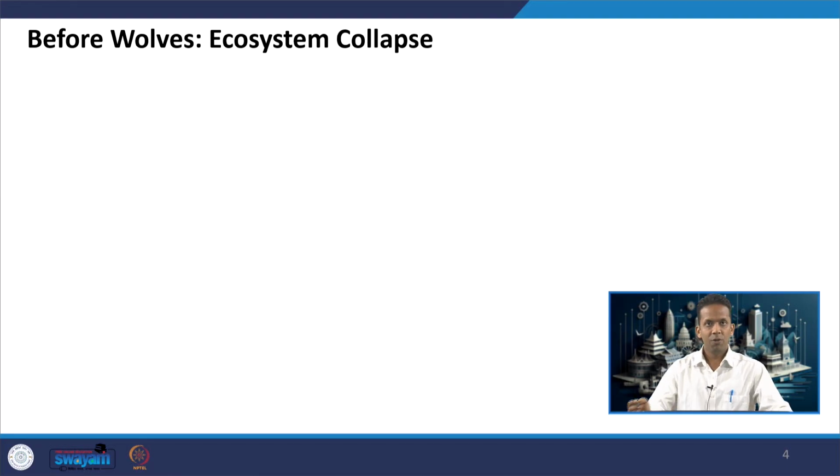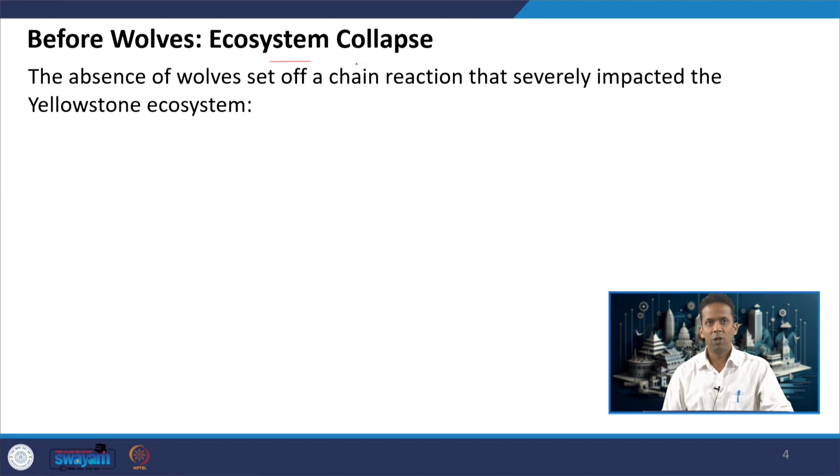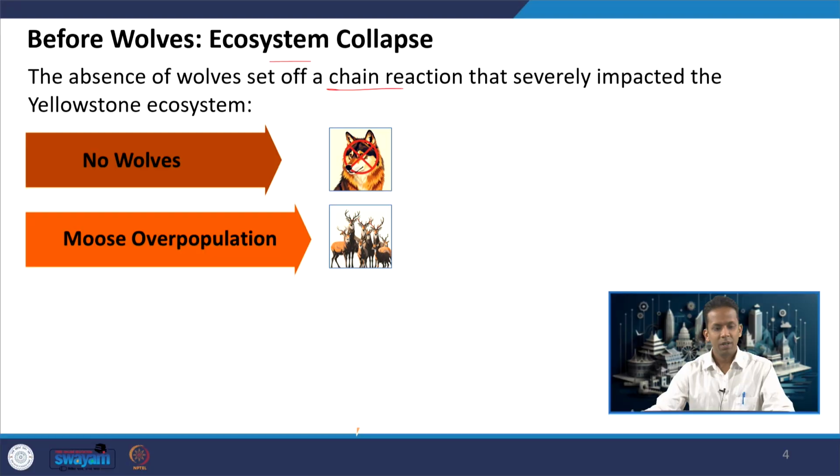So, before wolves, what happened? The ecosystem collapsed. Because of the absence of wolves, a chain reaction set in, which severely impacted the entire ecosystem of Yellowstone National Park. Since there were no wolves, the moose population increased. Moose, or you can call them elk, the big deer, feed on vegetation and grass.